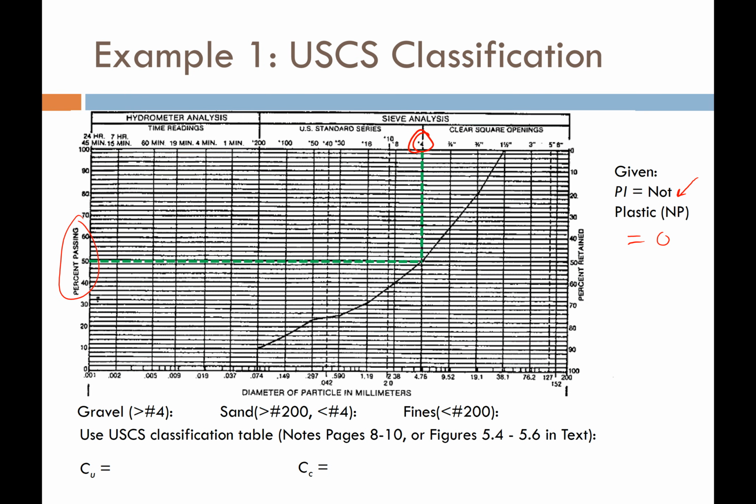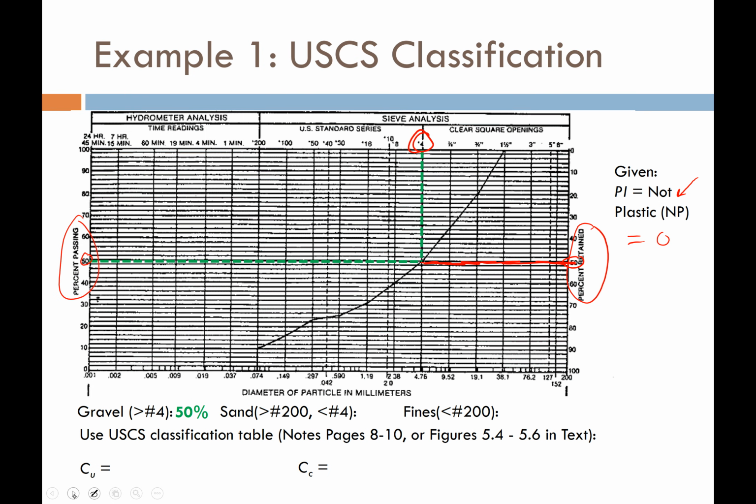So if I want percent retained, I can just come over here to the right and get percent retained, or I can just do, of course, 1 minus the percent passing, and that would give me the percent retained. So I want the percent retained on the number 4 sieve. 1 minus 50% passing gives me 50% retained, so I have 50% gravel.